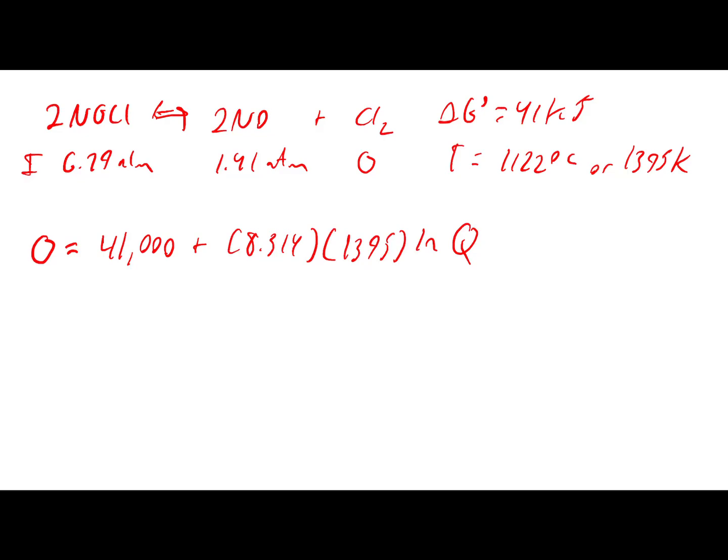If we can find the value of Q, then we can solve for the minimum amount of chlorine gas we need. So if you rearrange this equation, you end up with the natural log of Q equals negative 3.54.